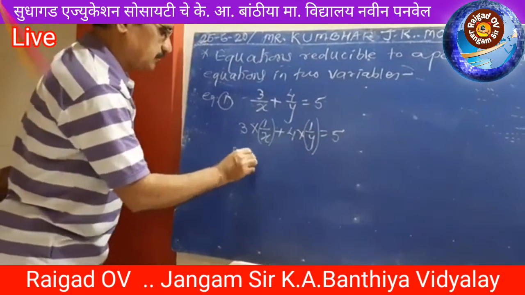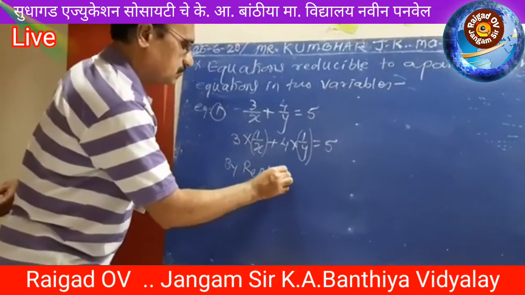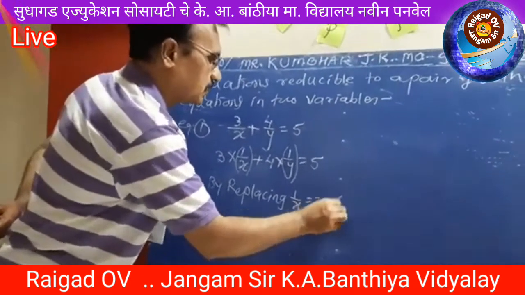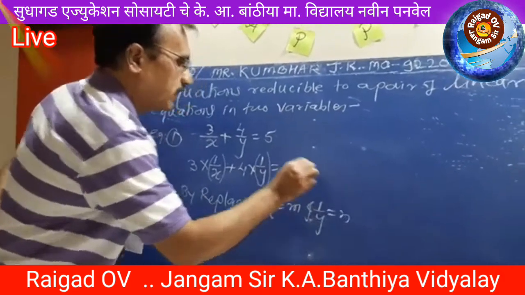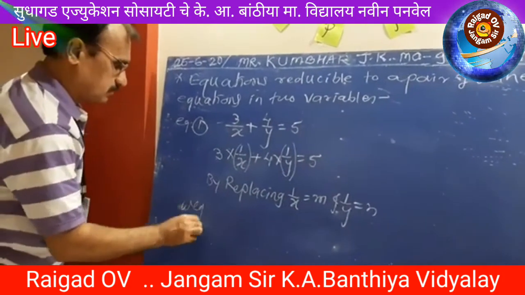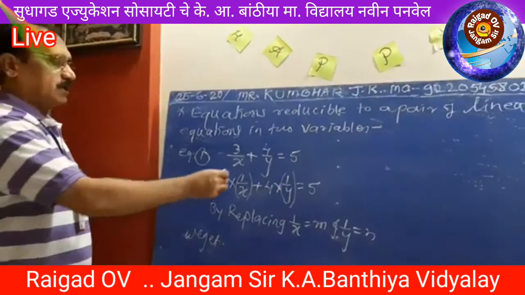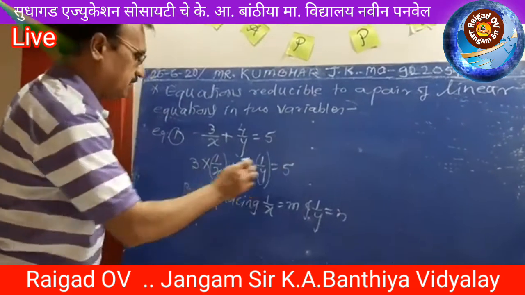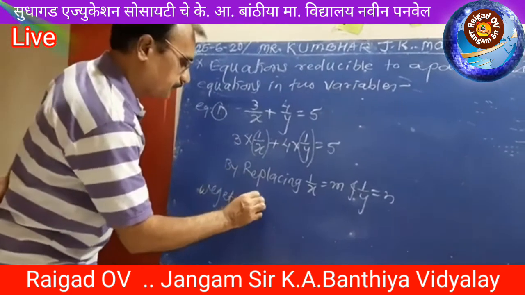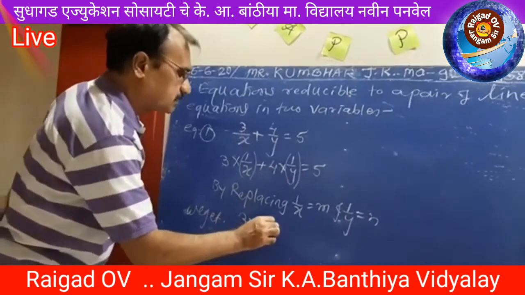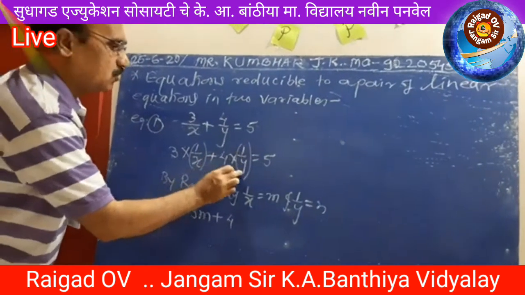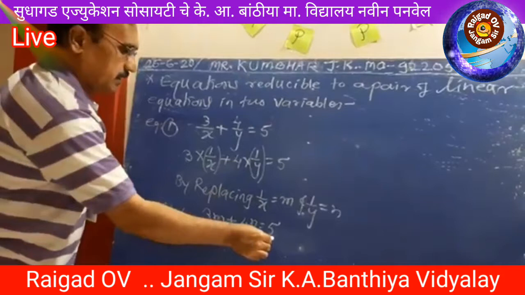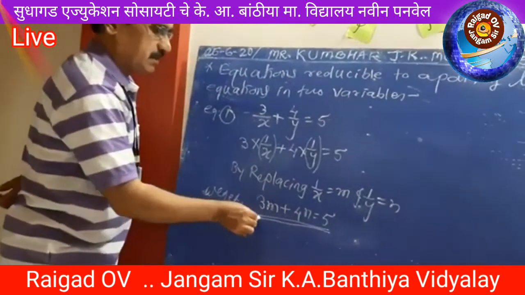By replacing 1 upon x is equal to m and 1 upon y is equal to n, in place of 1 upon x we can write m, in place of 1 upon y we can write n. 3 into m means 3m plus 4 into 1 upon y, that is n. 3m plus 4n is equal to 5, and this is a linear equation in two variables.